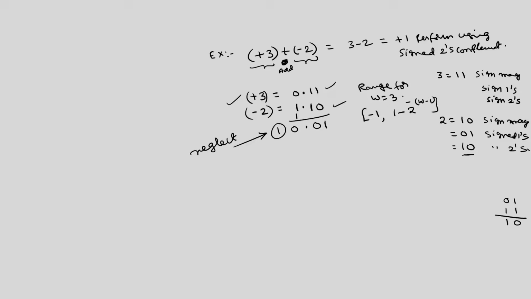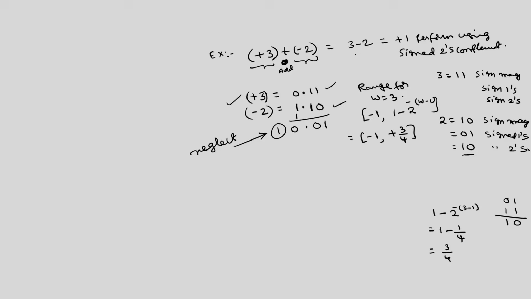So, this is nothing but for w equal to 3, 3 minus 2 becomes 2. So, this is 1 by 4. So, this is equal to minus 1 to plus, what is the value? 1 minus 2 raised to the power of minus of 3 minus 1, which is equal to 1 minus 1 by 4, 3 by 4, this is plus 3 by 4.